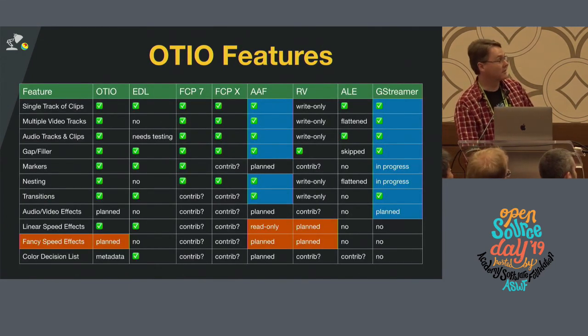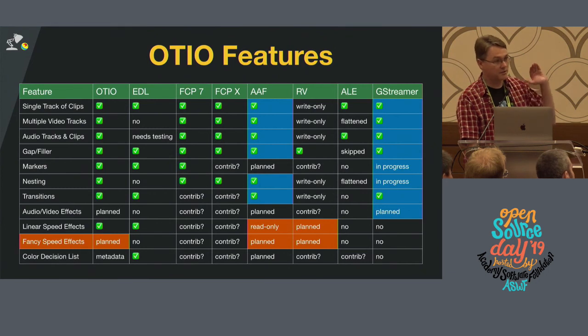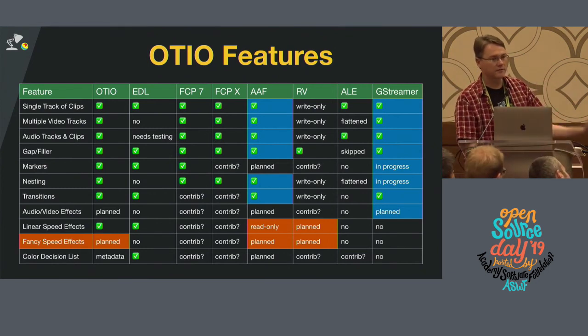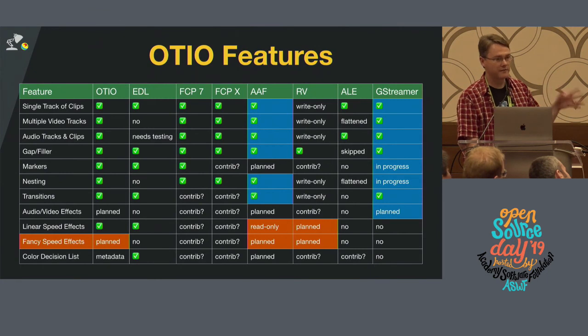A more visual way of looking at that is this feature matrix. Along one side we have a bunch of features of OTIO, and across the top we have all the different file formats. This represents, for each adapter, whether we can read and/or write these different features. They can all handle a single track of clips, but as we go down we've been building out more and more features.